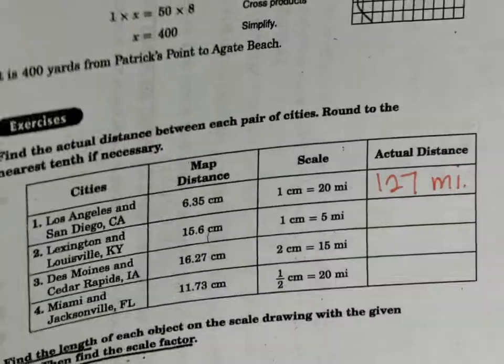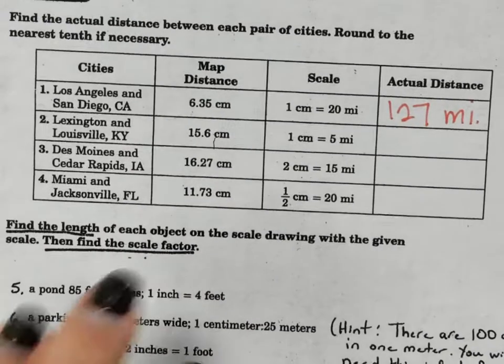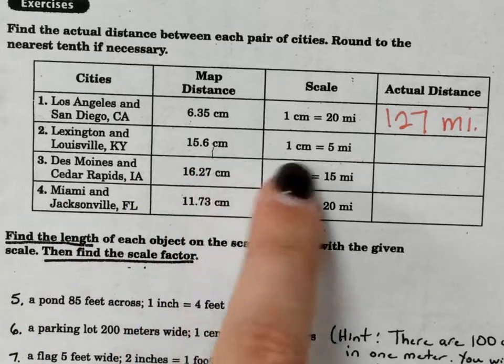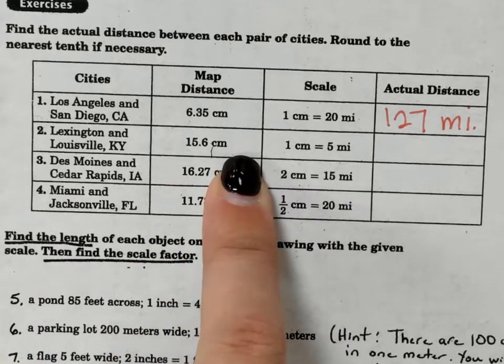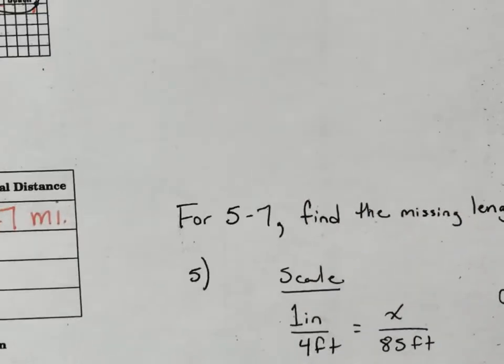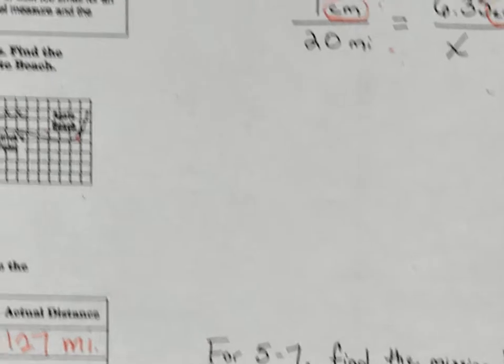So if I want to do number 2, I need to find the distance between Lexington and Louisville. So I'm going to use both of these pieces of information to set up a proportion. We all should be writing this on our paper. So I'm going to work number 2 underneath number 1 up here.